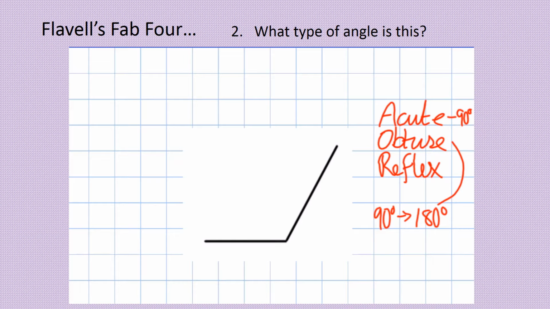Well, we've just looked at a right angle, and the right angle would have come up like that. So we know it's more than a right angle. So if it's more than a right angle and is less than 180 degrees, which is a straight line, it's got to be an obtuse angle.